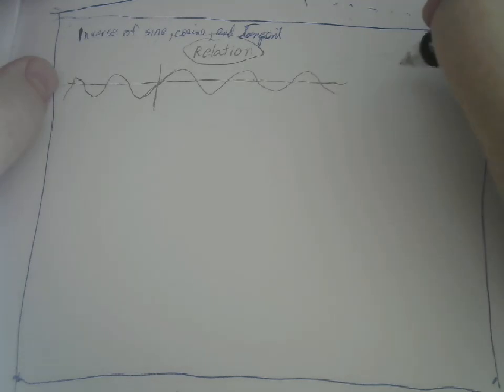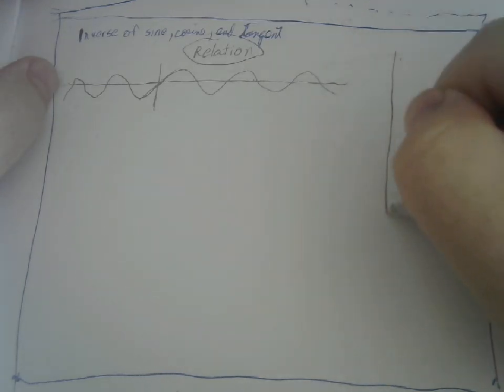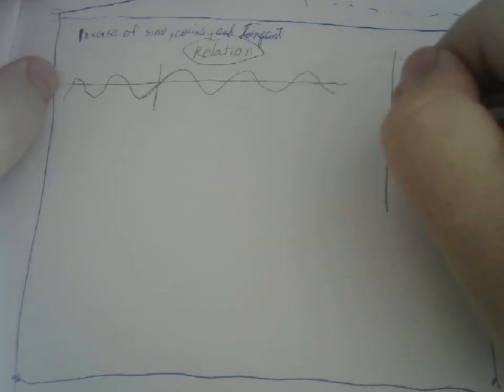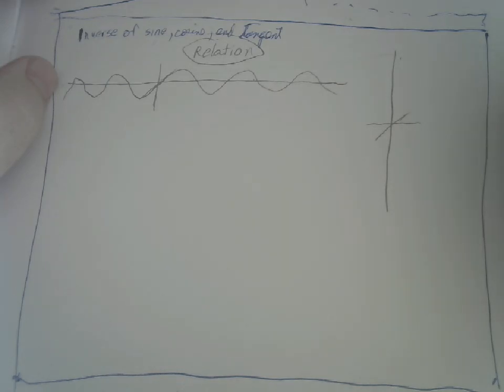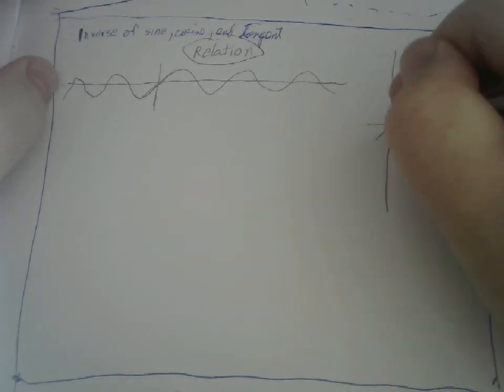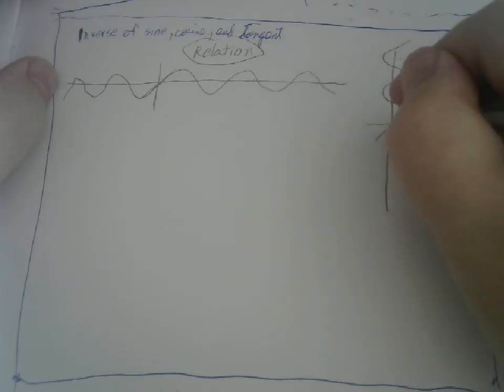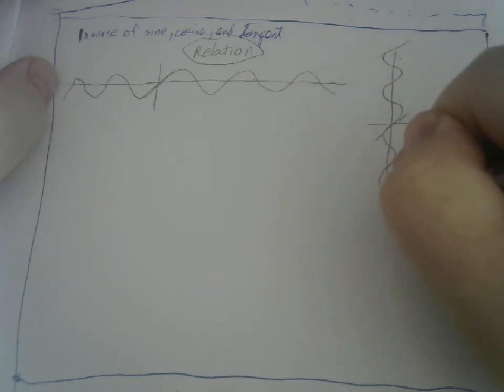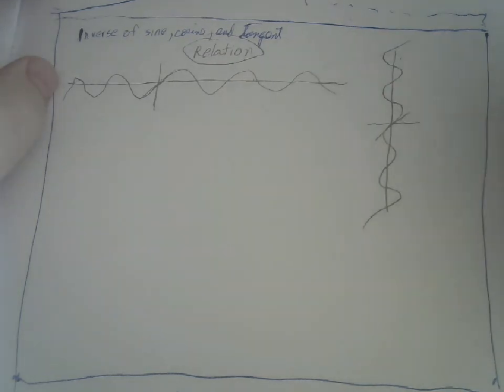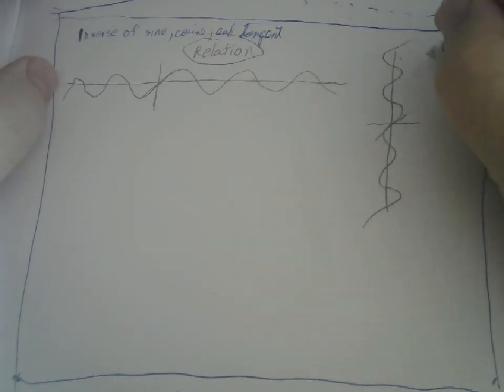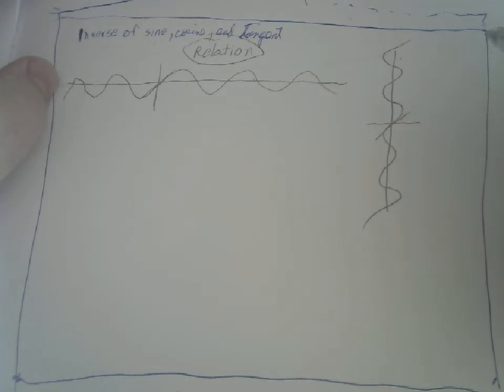And the relation for sine, it's still got that slope in the middle, looks the same way, but it's going to look something like this. So that is the inverse sine relation.